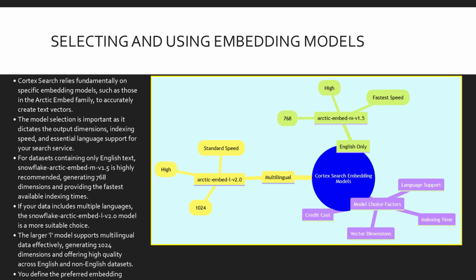It is paramount to note that the explicit selection of the preferred embedding model is a critical configuration step that must occur during the initial creation of the Cortex search service itself, thereby guaranteeing that the high-performance vector index is built utilizing the correct, optimized vectorization technique tailored to the specific characteristics and language content of your source data.